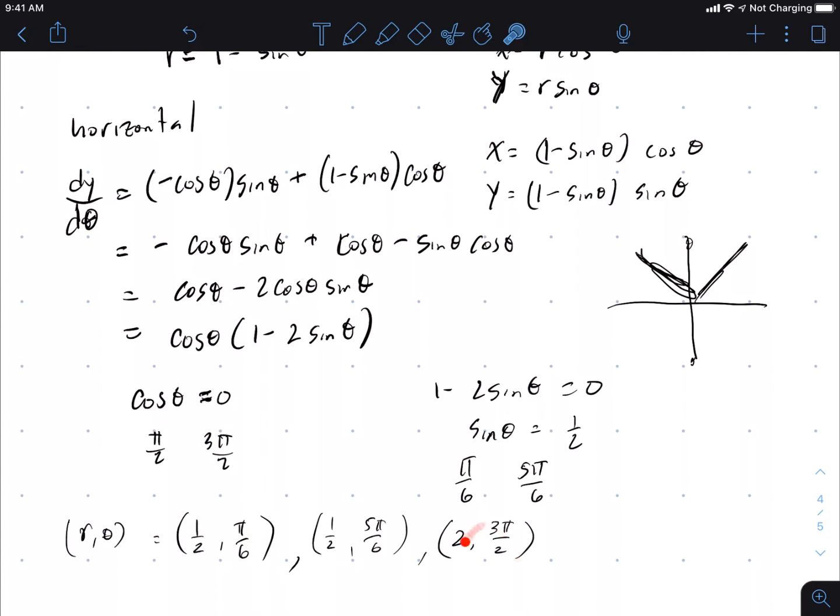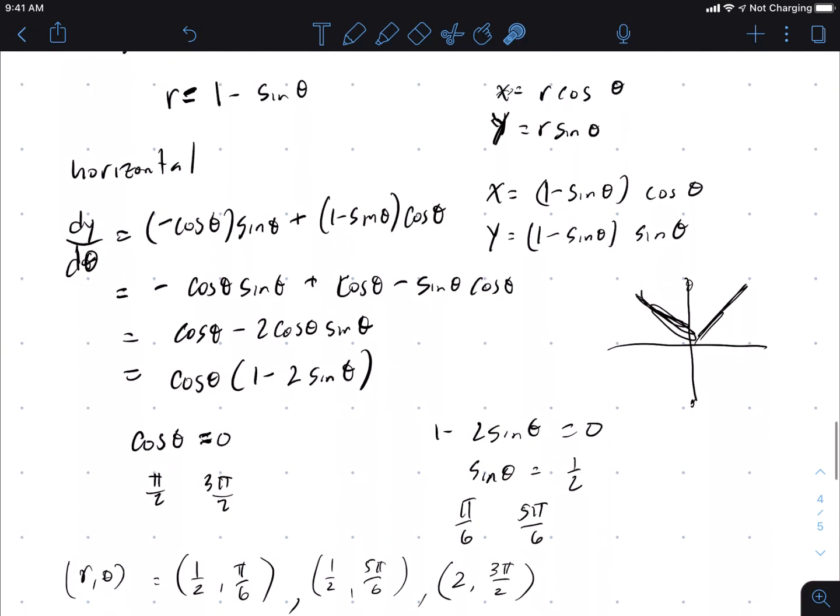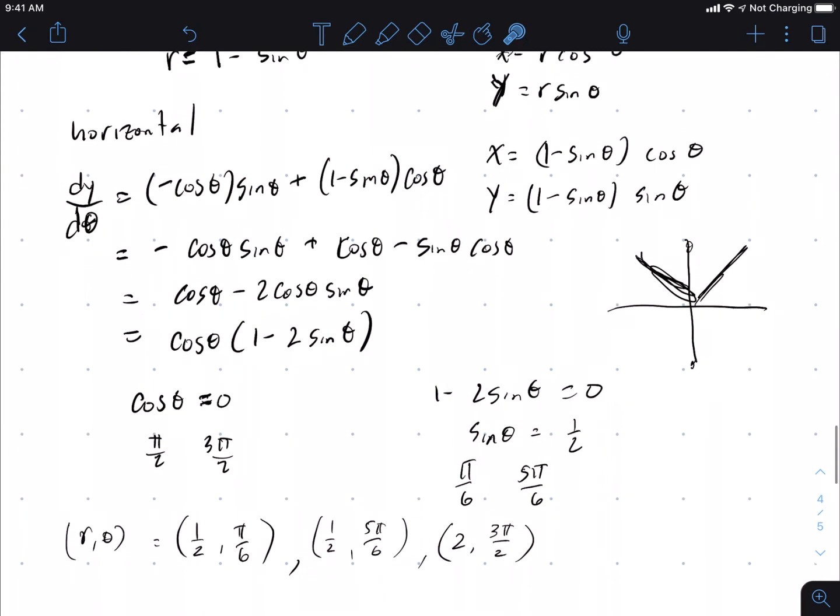So that's the theta. And then we need to find the r. And to get the r, we need to go back up to the original. Does that make sense? So that's how we're getting the radiuses from the original. Cool?